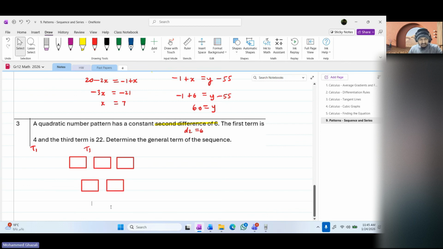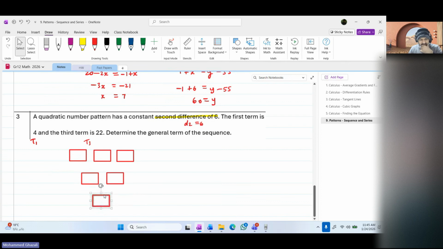Because the information given is very important. They told us that the second difference is given, so perfect. If the second difference is given, problem solved. So what they told us, term 1 is 4, term 3 is 22. So obviously I can't get any differences here.